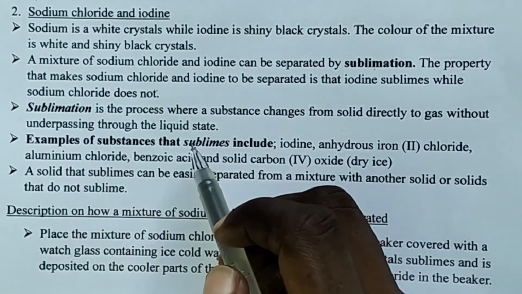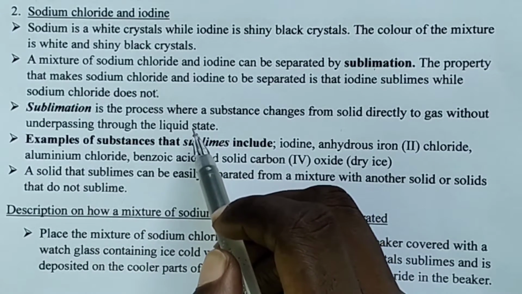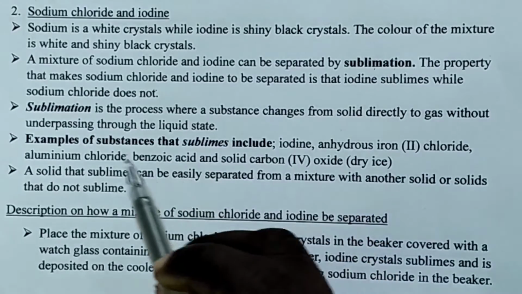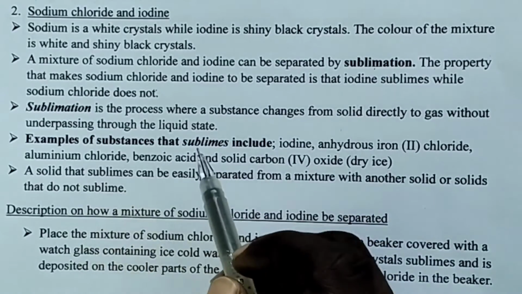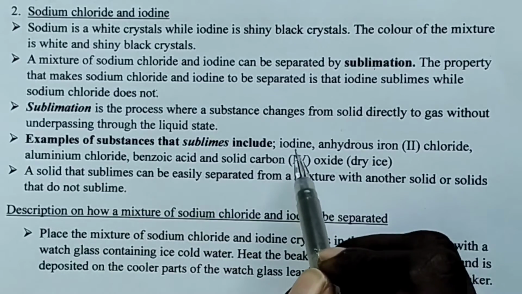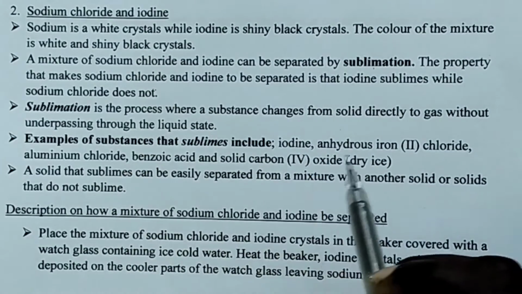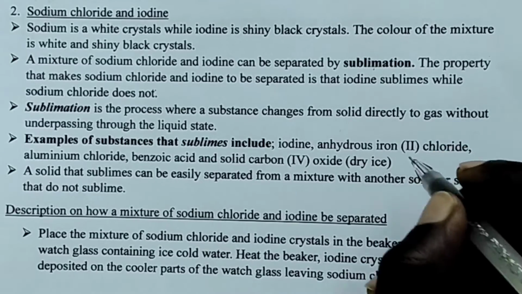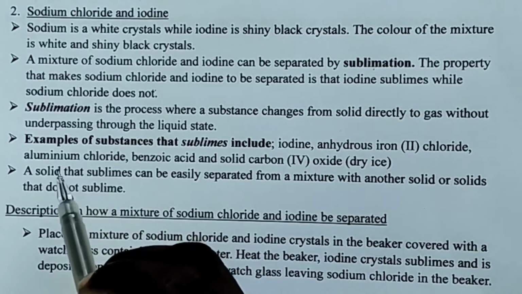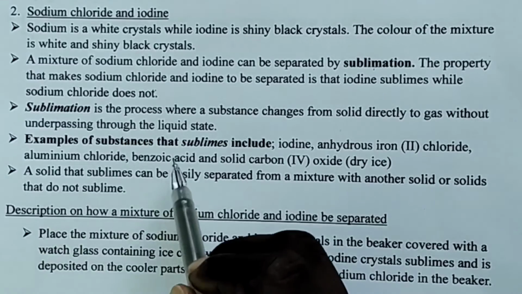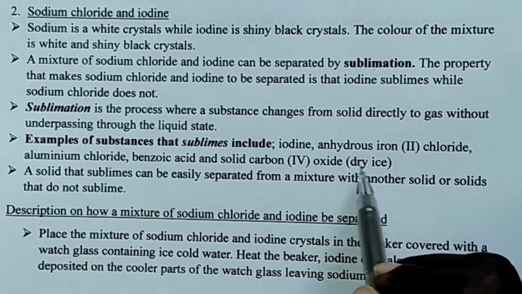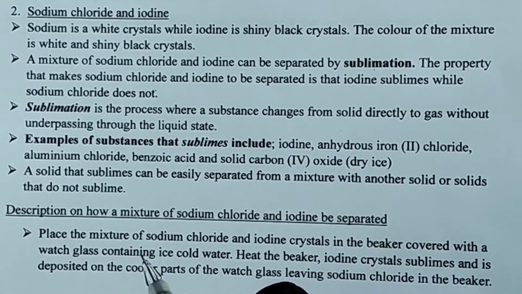During the exam, you can be told to define sublimation or what is meant by the term sublimation. So let's see examples of substances that sublime. They include iodine, which we have seen in this example, anhydrous iron 3 chloride or anhydrous iron 2 chloride, aluminum chloride, benzoic acid, and also solid carbon dioxide, which is in other words known as dry ice.